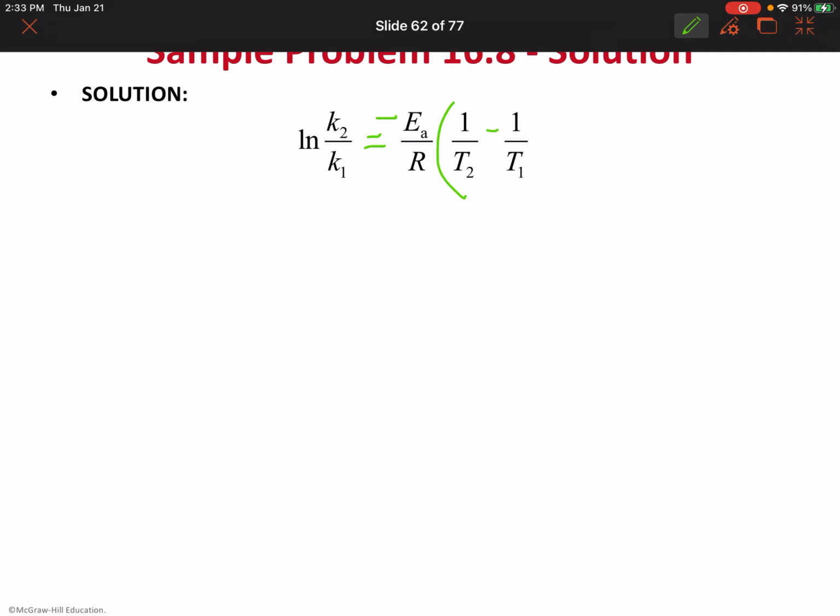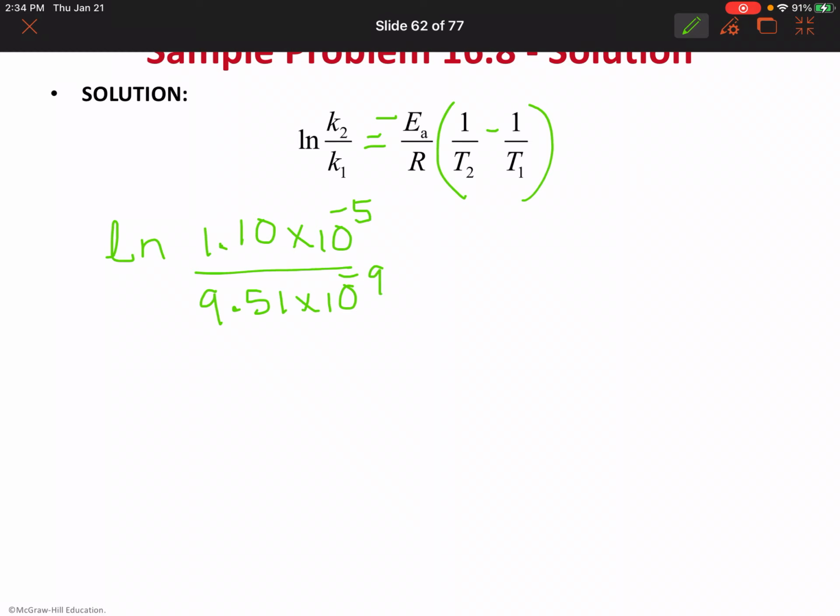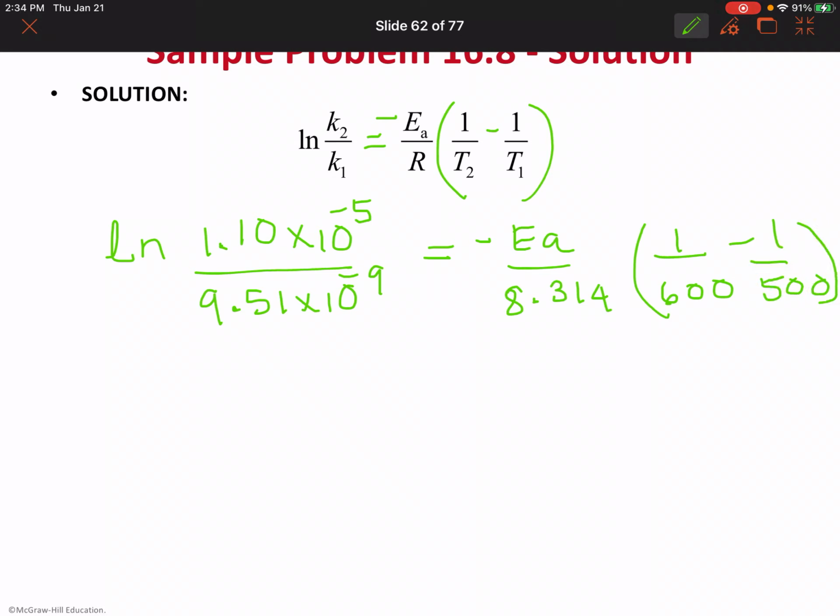Okay, so if you plug the information given to us in this one, ln of 1.10 times 10 to the negative 5 over 9.51 times 10 to the negative 9 equals, we don't know the activation energy, and 8.314 is the gas constant, and 1 over T2 is 600 and 1 over T1 is 500.